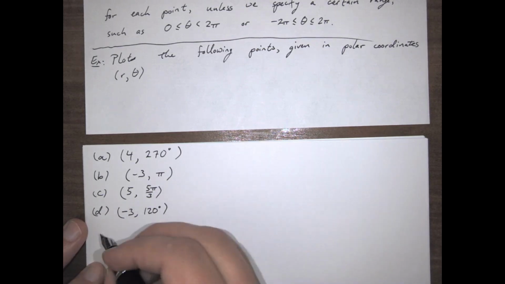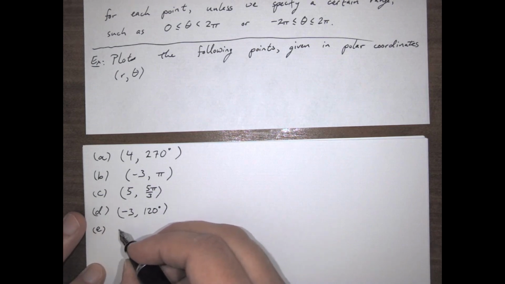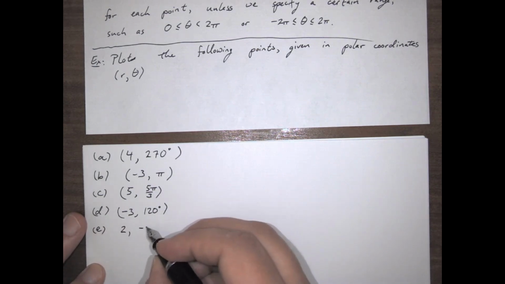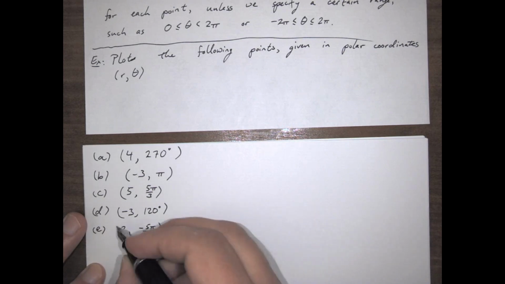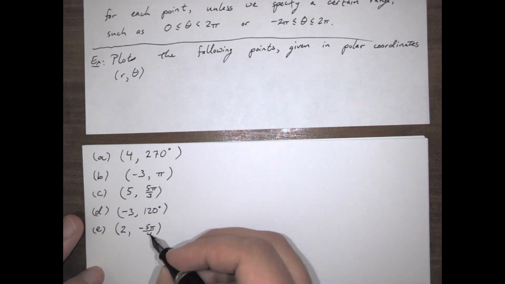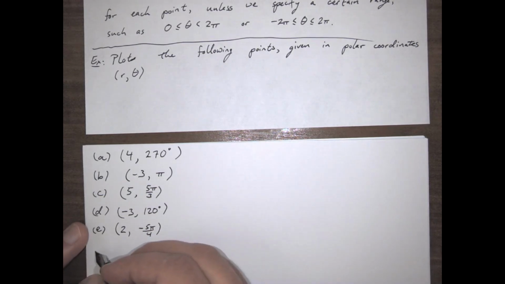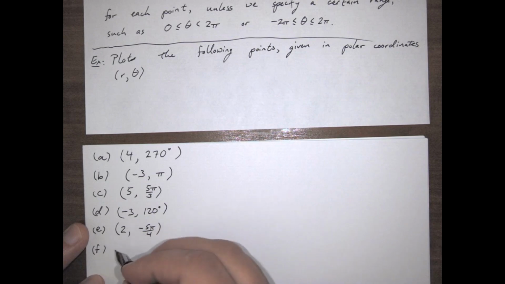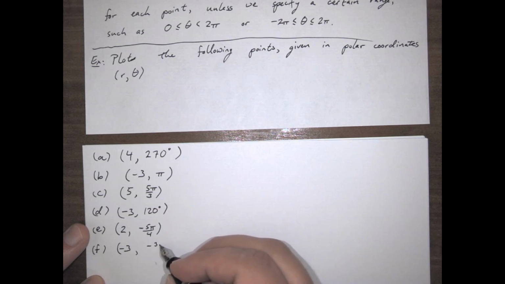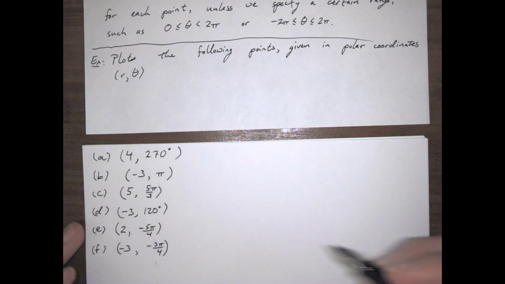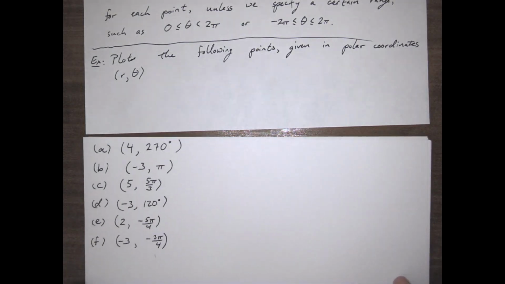And then let's say a fifth one, 2, -5 pi over 4. And then let's say for a sixth one, -3, -3 pi over 4. And that'll be enough.